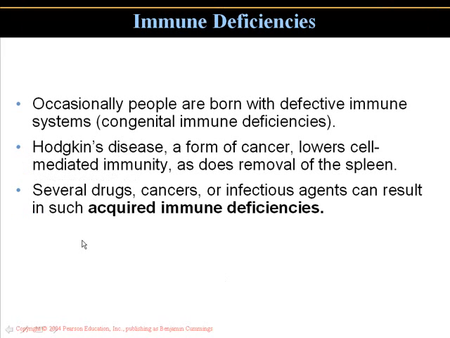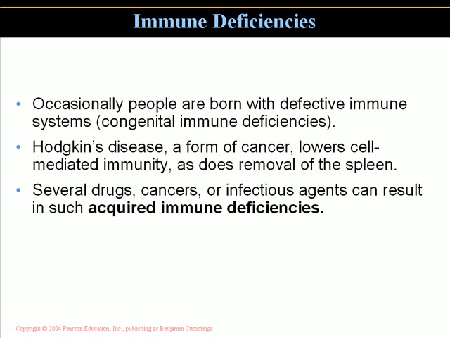Occasionally, individuals may be born with defective immune systems. Hodgkin's disease, which is a form of cancer, lowers the cell-mediated immunity. Also, anything that causes compromise to the immune system, such as the removal of the spleen.